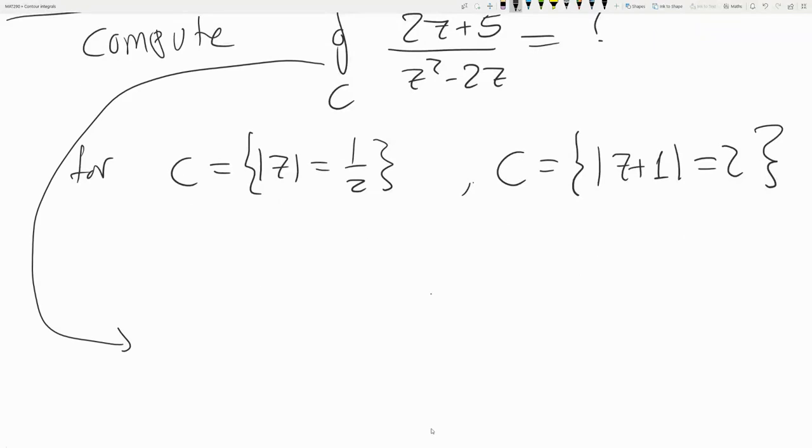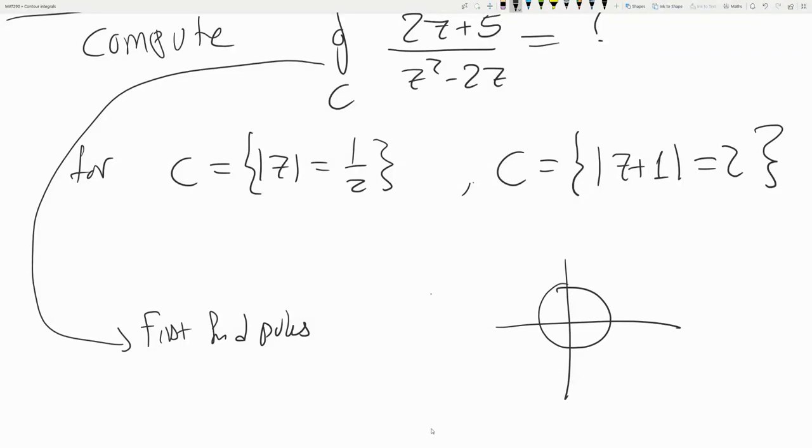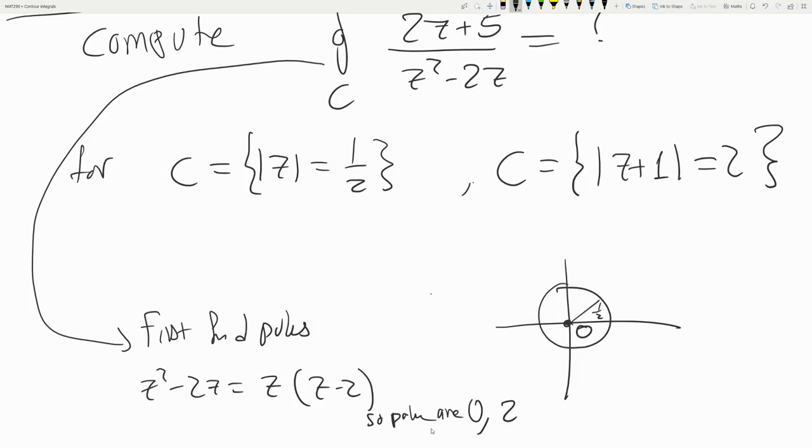Again, you have to first find the poles. Always, that's your first step. So the contour is |z| equal to a half, and this guy is z times z minus 2. So it has poles at 0 and 2 over here.